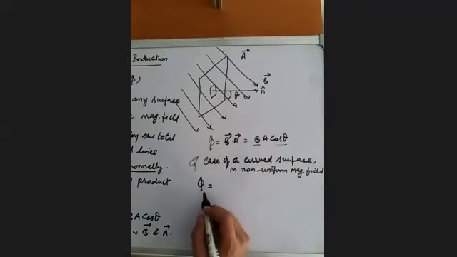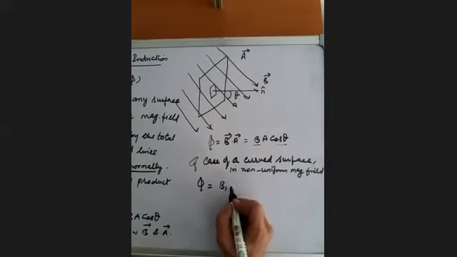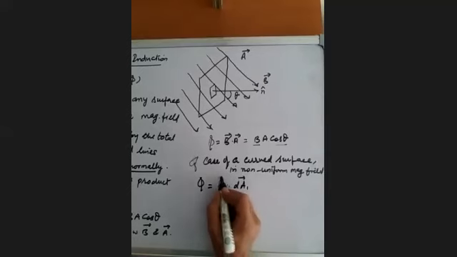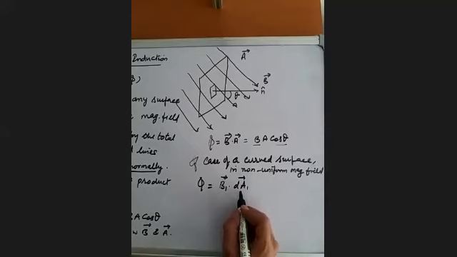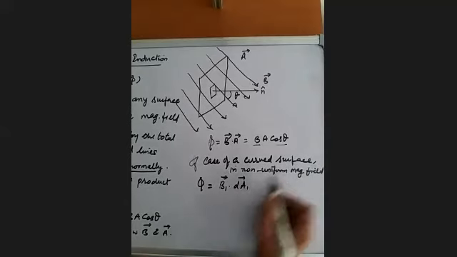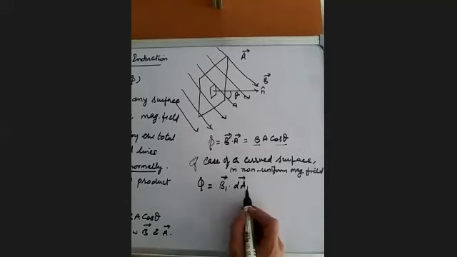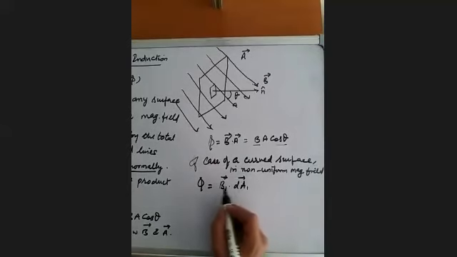Okay. In that case, the total flux is given by B1 dot dA1. B1 is the magnetic field linked with a very small area element of this curved surface, given by the dA1 vector. This is the small area, and this is the magnetic field linked to that area.